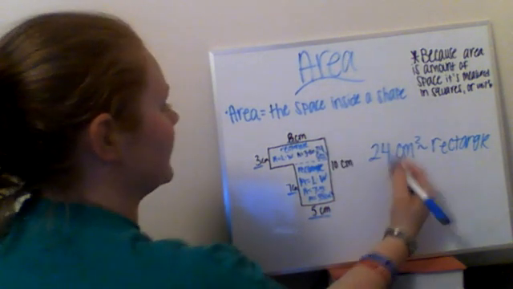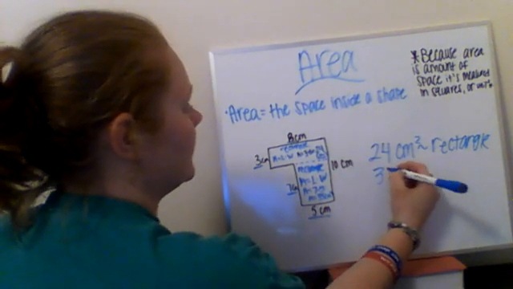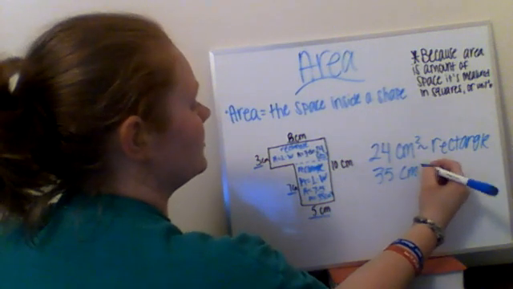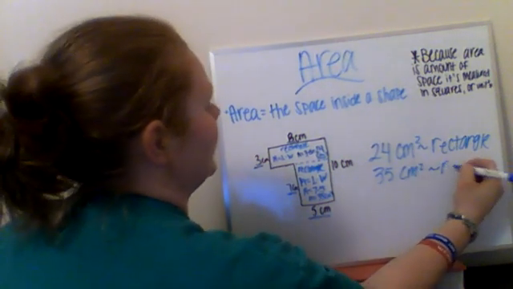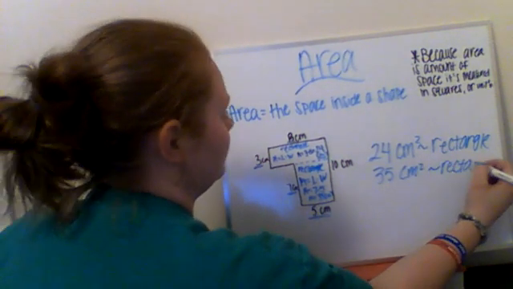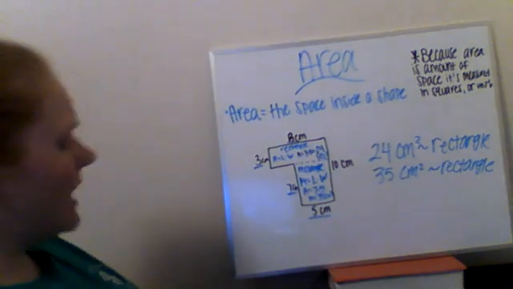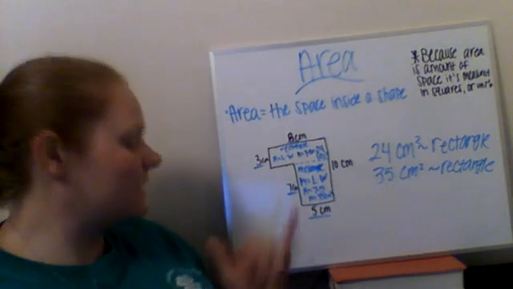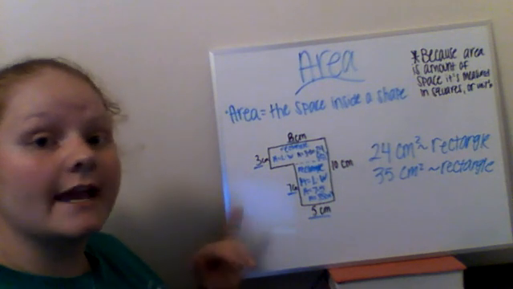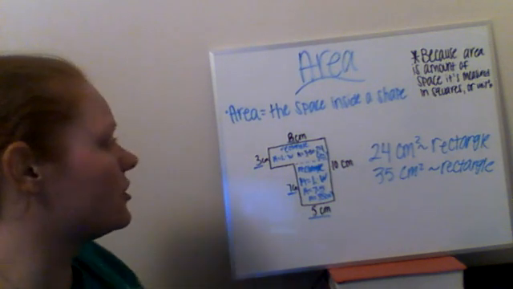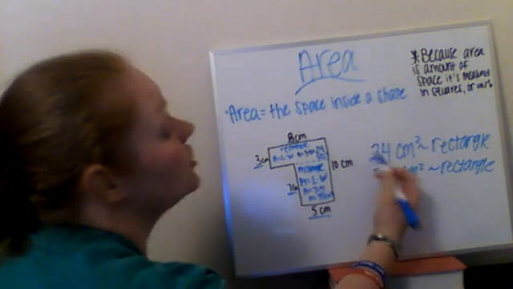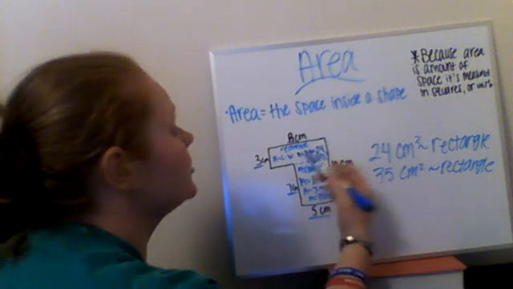I'm going to bring this out to the side. 35 centimeters squared, and that's my second rectangle. Now in this figure, because you want the area of the whole figure, you're going to add up these two areas that you got for each polygon.